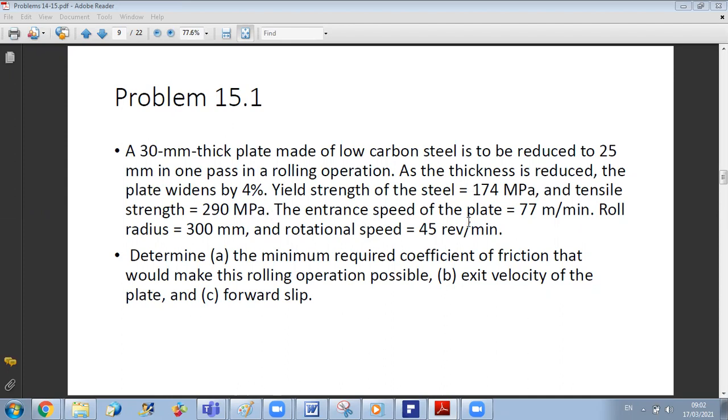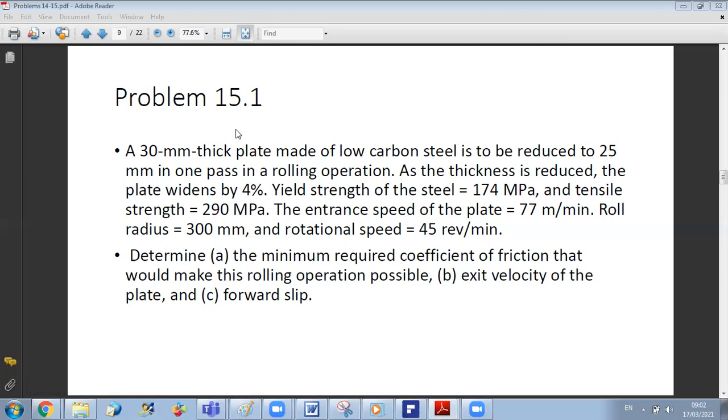The entrance speed of the plate is 77 meter per minute. The roll radius is 300 millimeter and the rotational speed is 45 revolution per minute. Determine the minimum required coefficient of friction that would make this rolling operation possible, the exit velocity of the plate, and the forward slip.